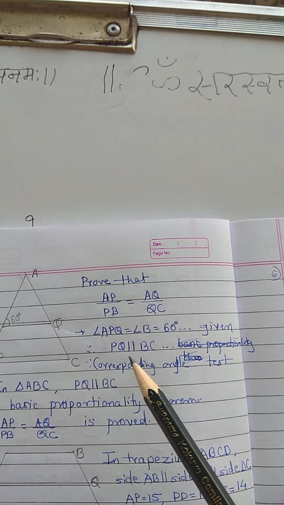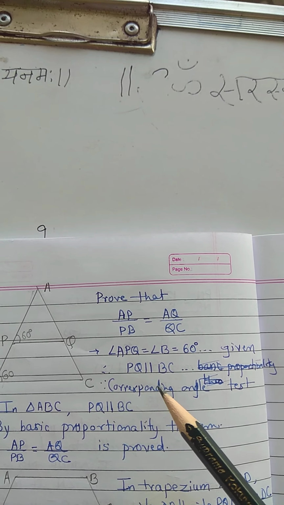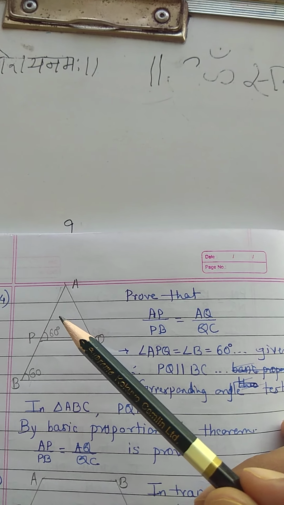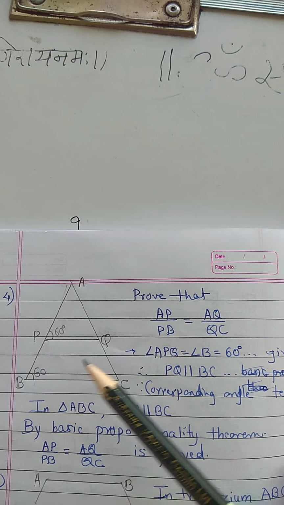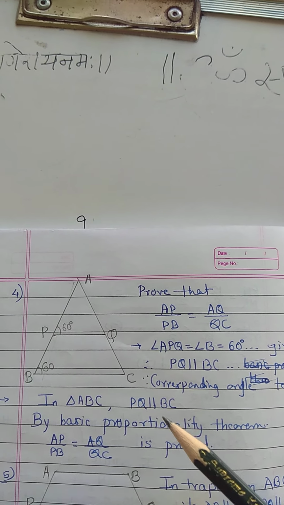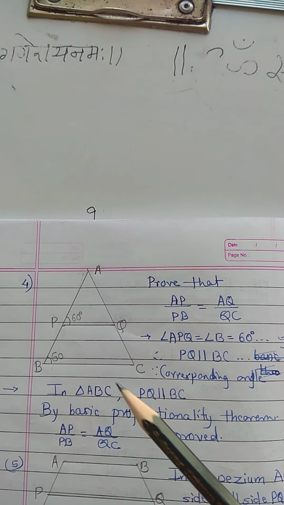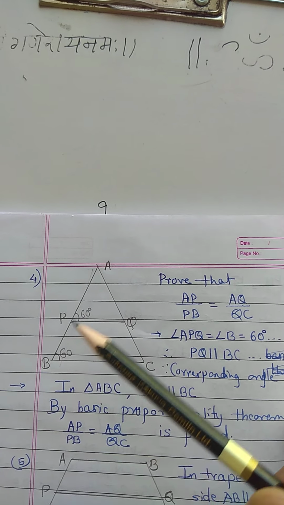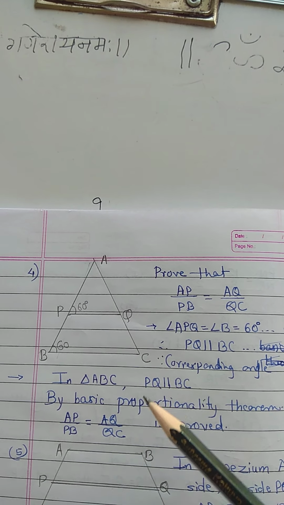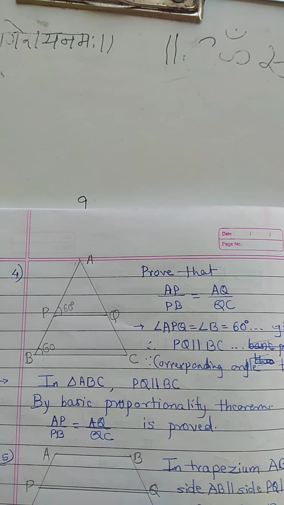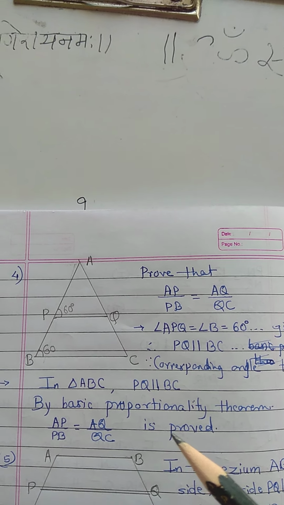Therefore, PQ is parallel to BC because of the corresponding angle test. What is the corresponding angle test? If corresponding angles are congruent, then the lines are parallel. Now, as PQ is parallel to BC, we can say that AP upon PB is equal to AQ upon QC. By the basic proportionality theorem we have proved this.